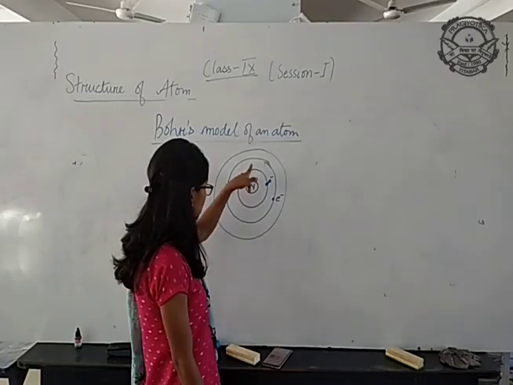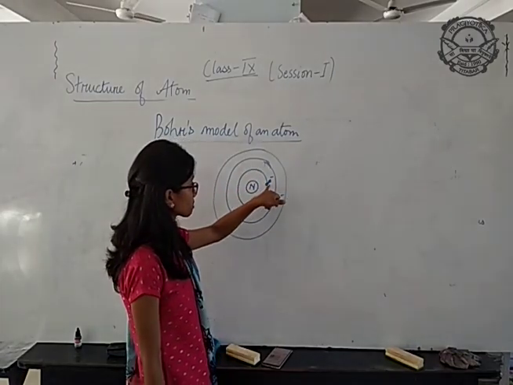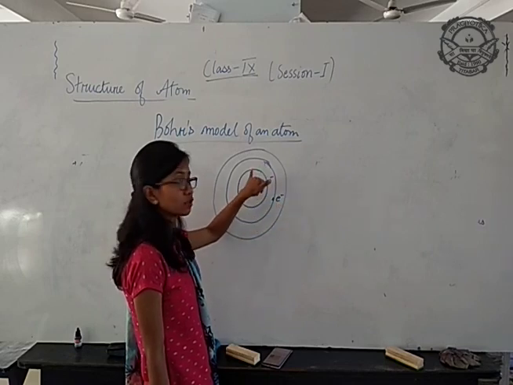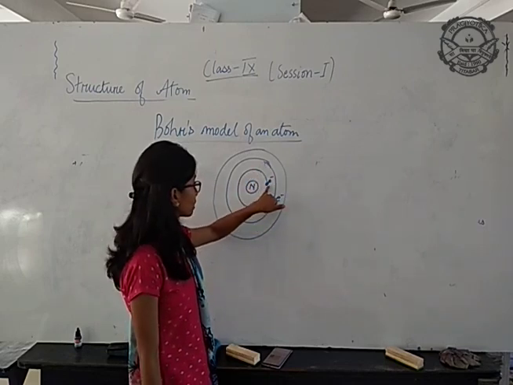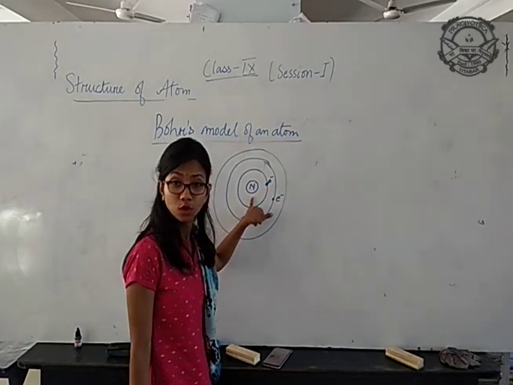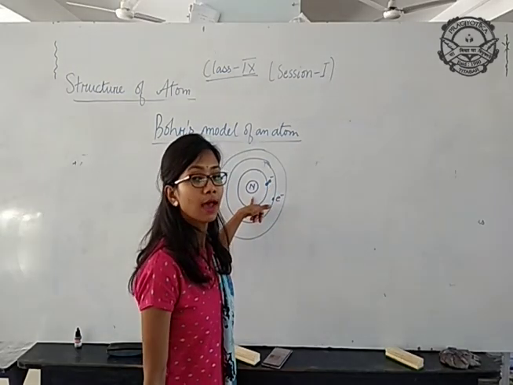Now you see, according to the Rutherford model, he explained that the electrons revolve in a circular orbit. The drawback was that ultimately the electron will fall into the nucleus, because during revolution it will lose some energy.